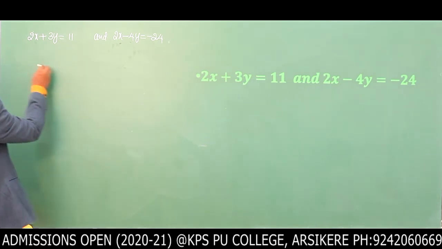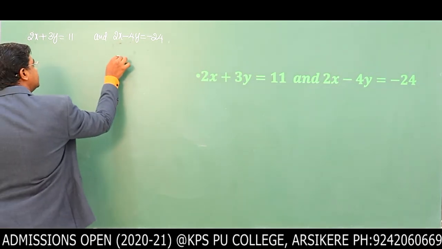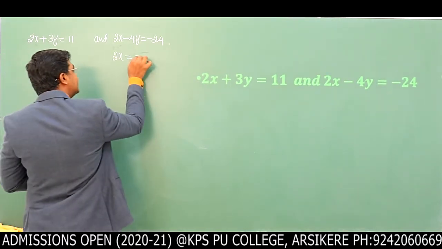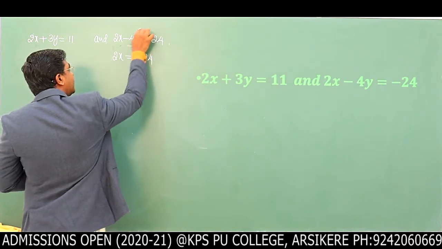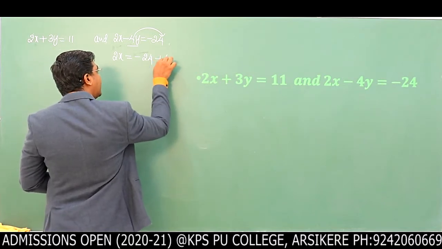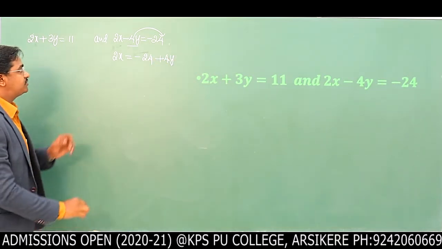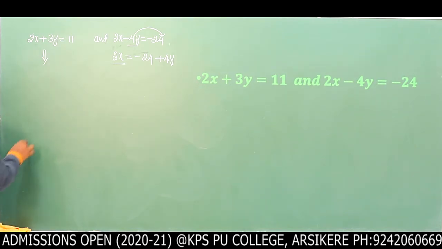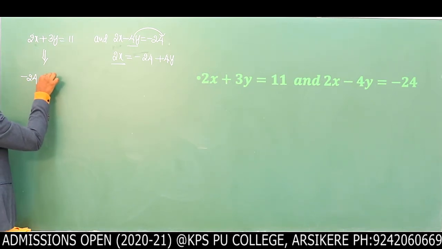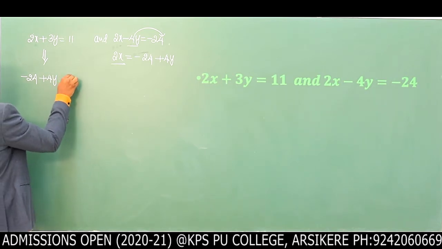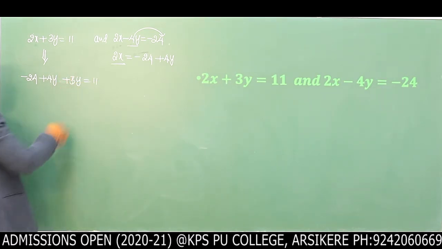Okay, so this can be written as 2x is equal to, look, minus 24 on the right hand side as it is. So this 4y comes to my right hand side, so minus 4y becomes plus 4y. Now substitute 2x in this equation. So this equation reduces as 2x becomes minus 24 plus 4y, plus 3y is equal to 11.